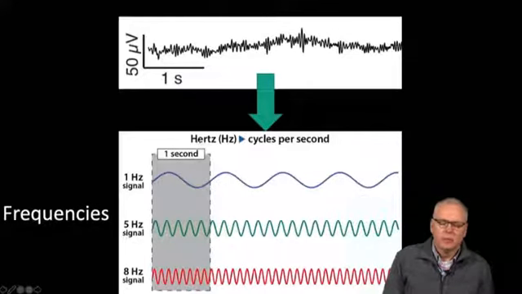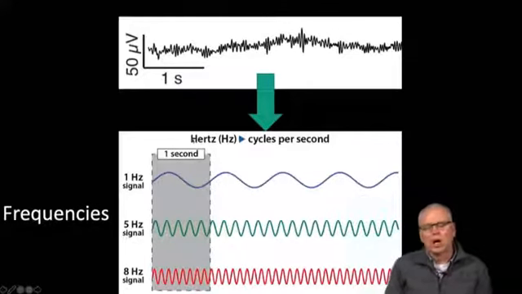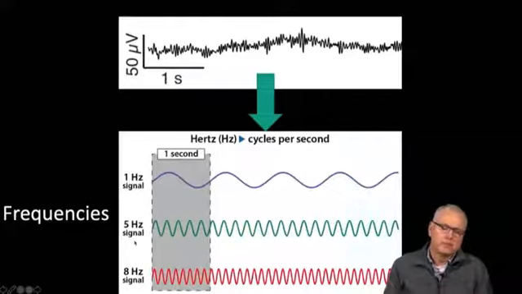And in terms of nomenclature, frequency is characterized in hertz, or cycles per second. In this example, we've got some slow frequency waves, some mid-range, and some fast ones that, when we add them together, might result in a wave like this.